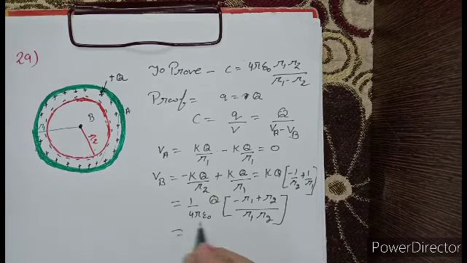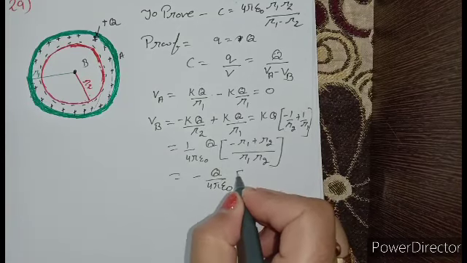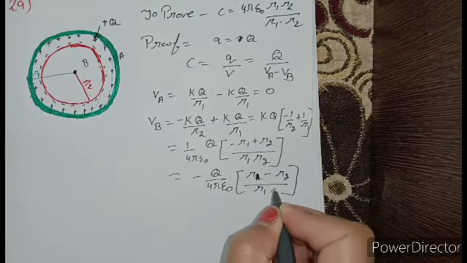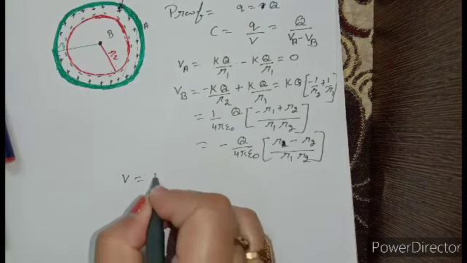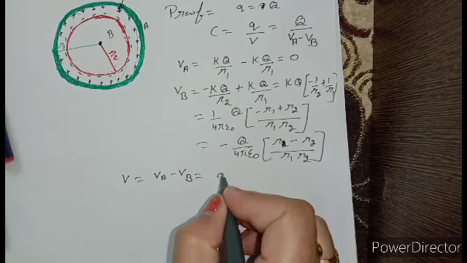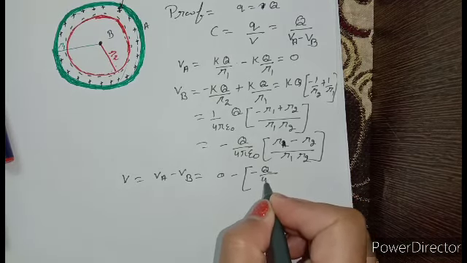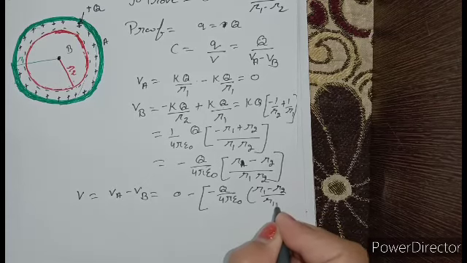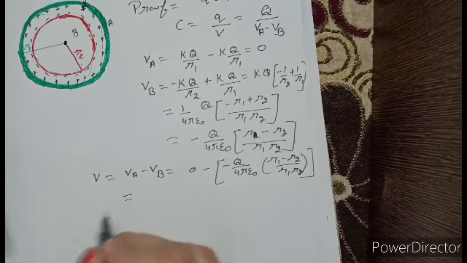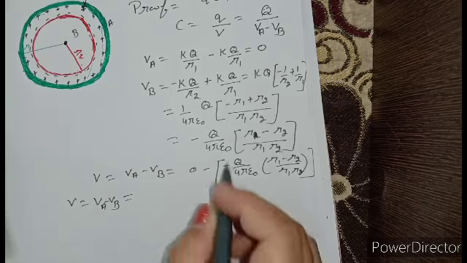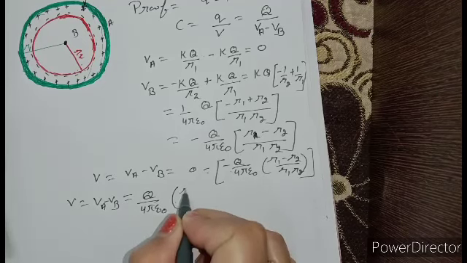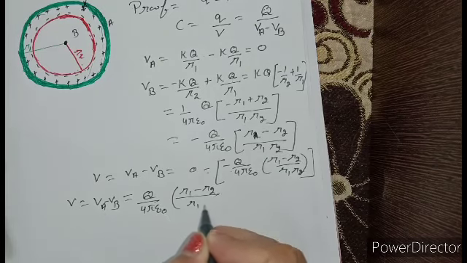If we take the negative sign outside, then this will become minus Q upon 4 pi epsilon naught into R1 minus R2 divided by R1 R2. So V equal to VA minus VB will be equal to 0 minus Q upon 4 pi epsilon naught into R1 minus R2 divided by R1 R2. So V equal to minus negative, that is positive, Q upon 4 pi epsilon naught R1 minus R2 divided by R1 R2.